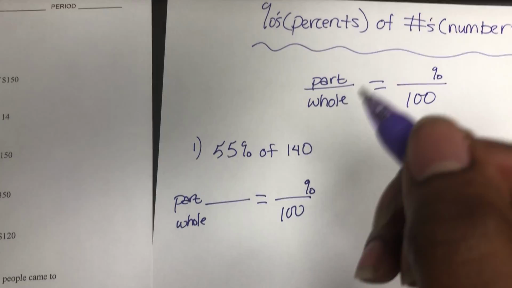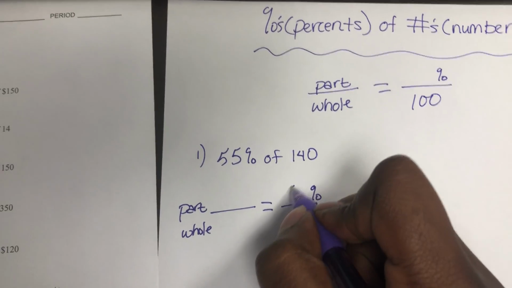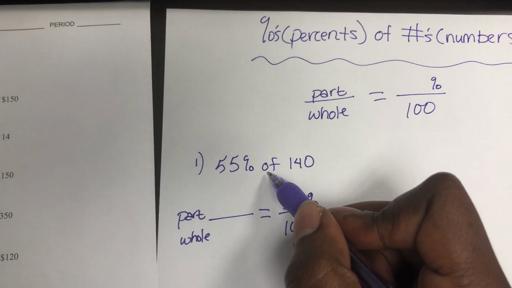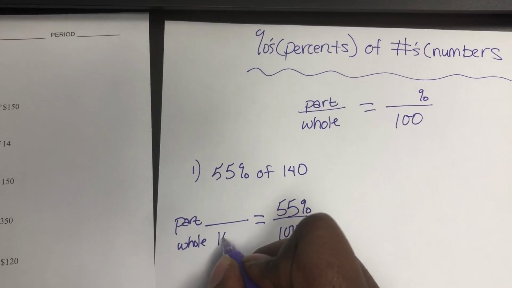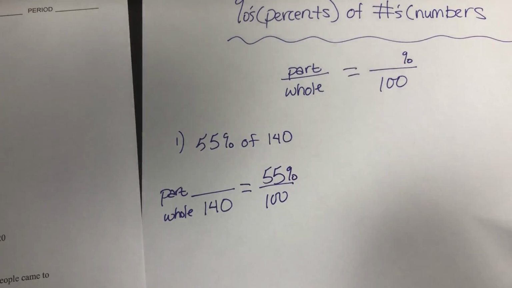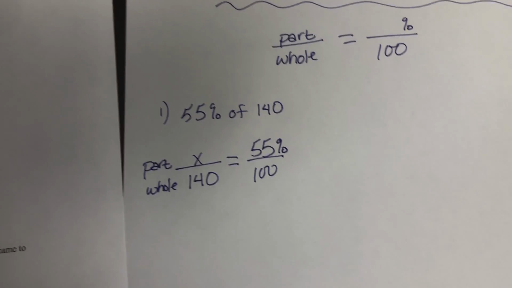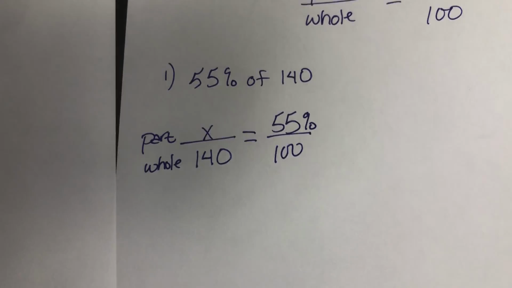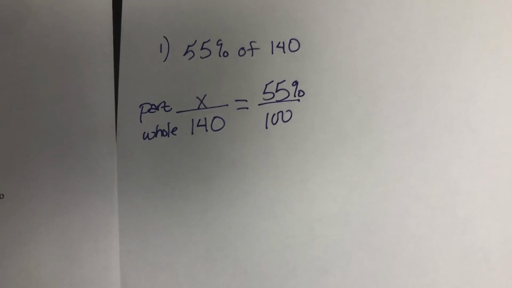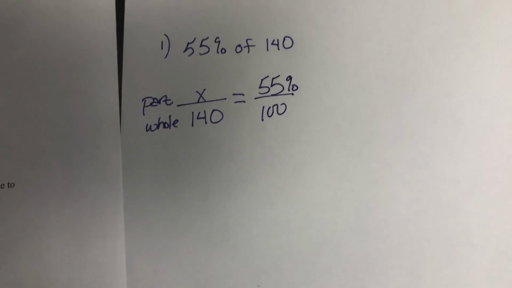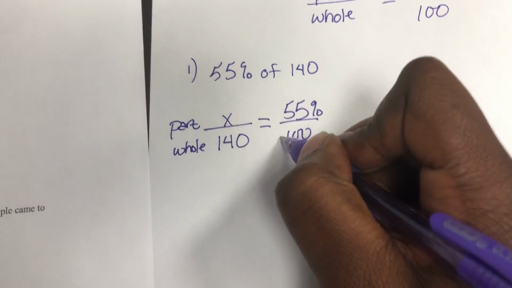Let's fill in what we got. We have our percent, and it says of 140, so 140 is our whole, and we're missing our part. We have to do the same process that we did last week, where we always cross multiply and then divide.